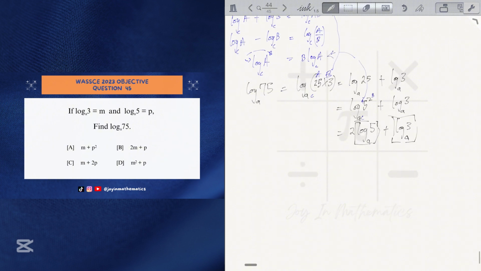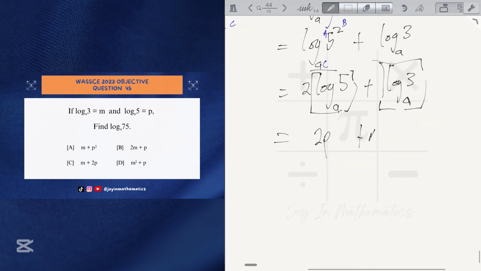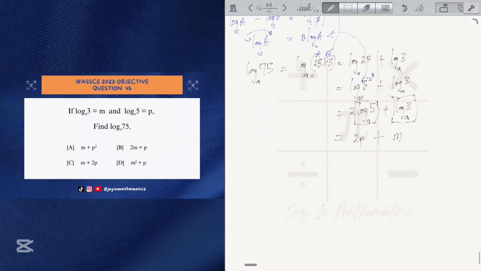This is simply going to give us 2p plus m. Let's rewrite this, 2p plus m. And what option is that going to fall into? This is going to fall into option C, because it's the same thing as writing m plus 2p. So we have option C.